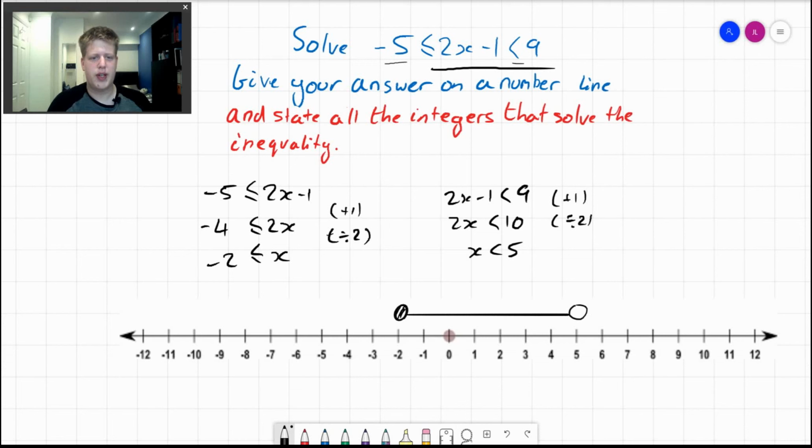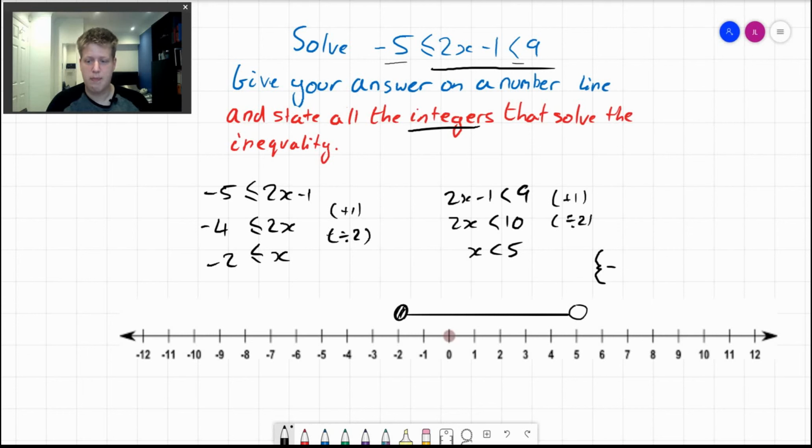You may have also noticed that we have to state all the integer values that solve the inequality. Now, an integer is just a whole number, so it could be 2, it could be -5, it could be 8, that's all an integer is, it's a whole number. So to state all the integers, we use set notation. Now this is just a fancy way of saying we do this fancy bracket like this, and then we just list every whole number that x could be.